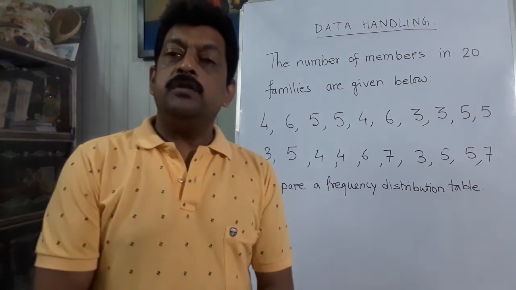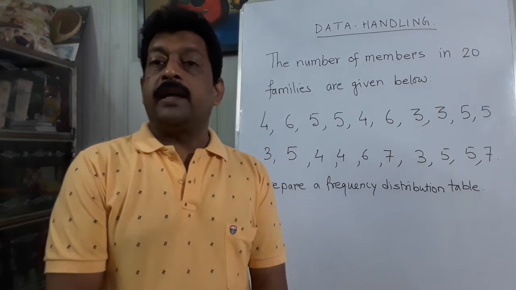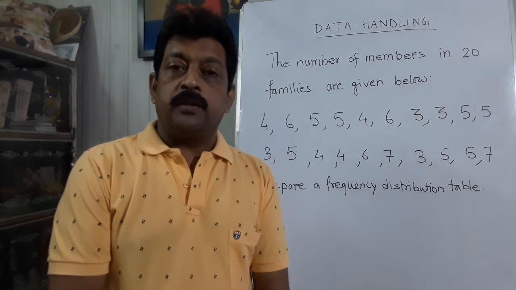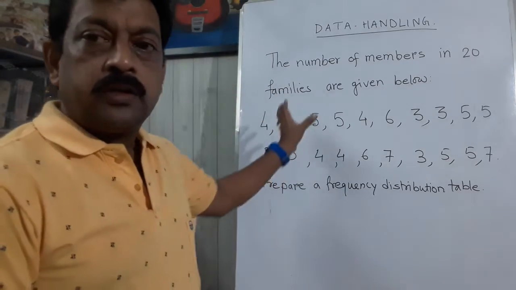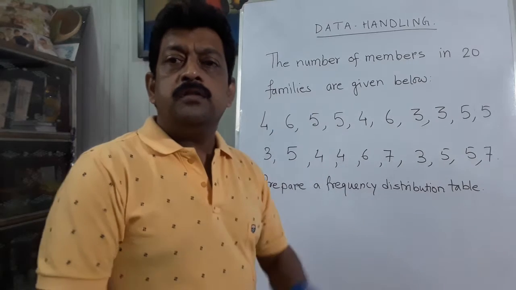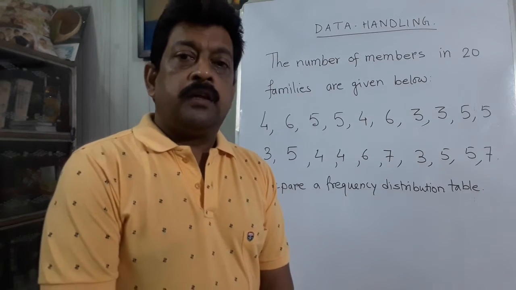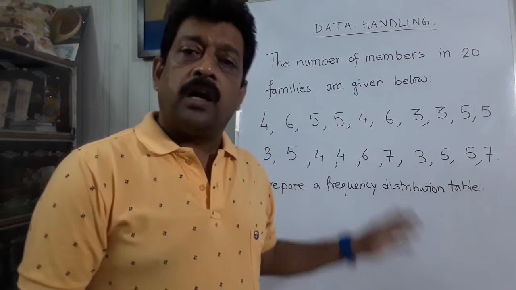So frequency distribution table is already known to you. In frequency distribution table there are 3 parts. Actually it consists of 3 columns. The first column is for observation. The second column is for tally marks. You know what is tally marks. I am going to show you.